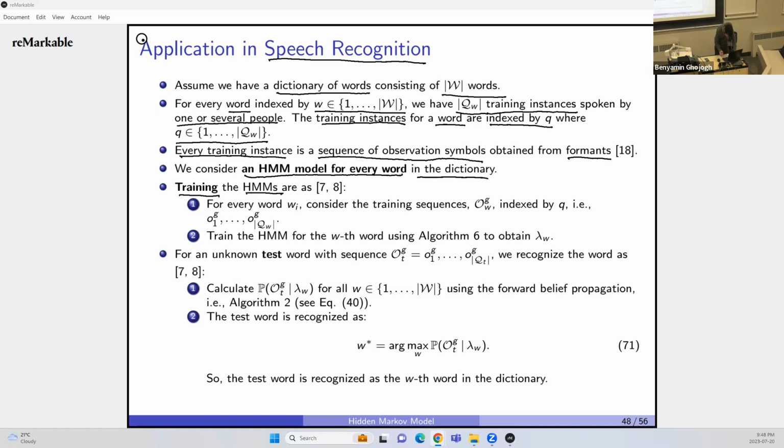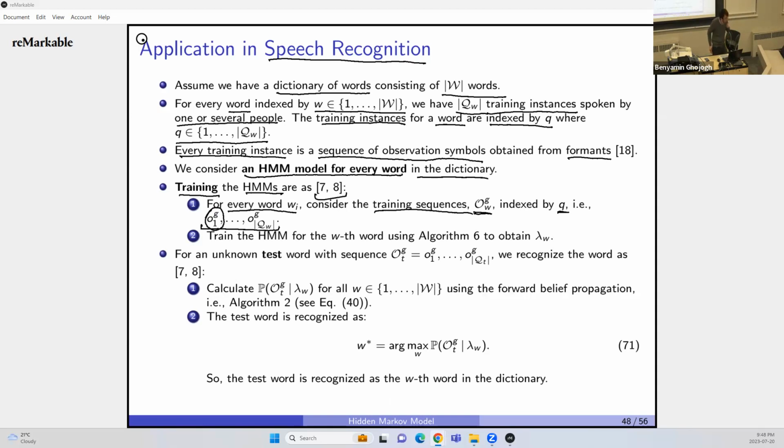Training the hidden Markov models is as follows, based on references 7 and 8. For every word W, consider the training sequences O_W^q indexed by Q. What do I mean? These are the training instances, right? I told you, for every word I have several training instances, indexed by Q, that is O_W^1 until O_W^Q. What is O_W^1?